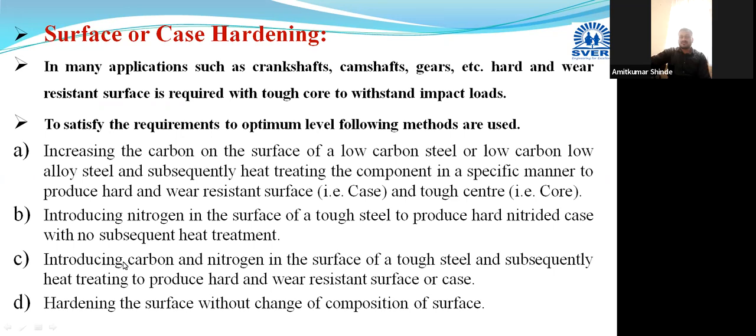Due to diffusion of this carbon and nitrogen, the surface will become hard and wear resistant, and the center or core part will become tough.